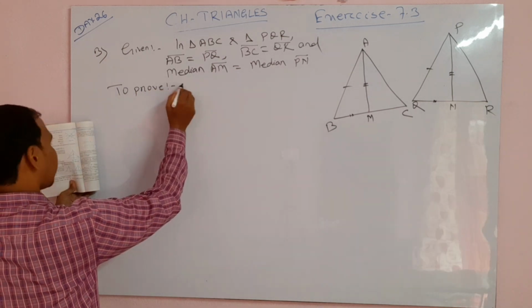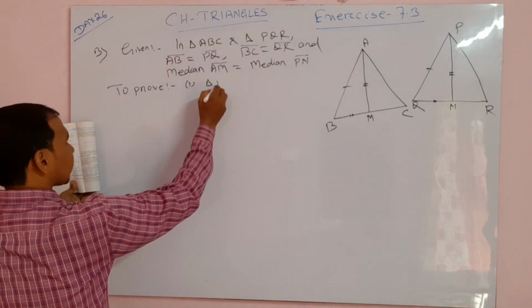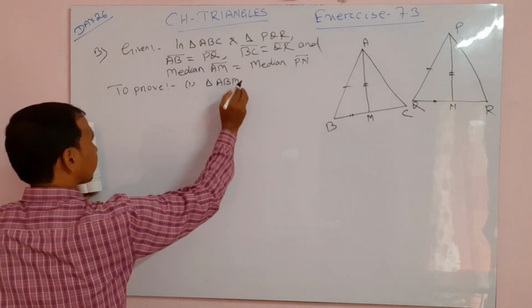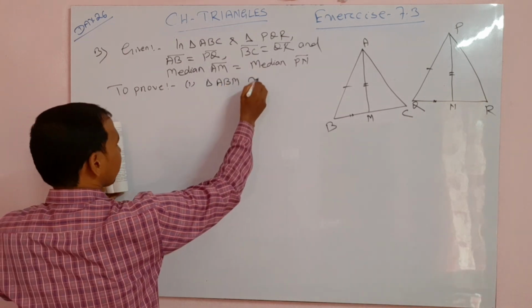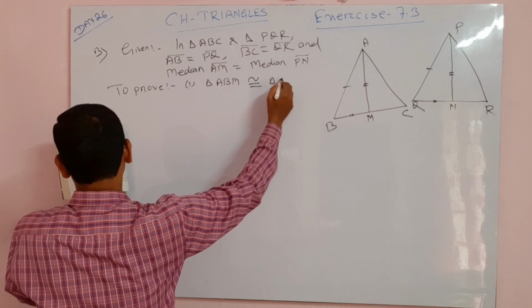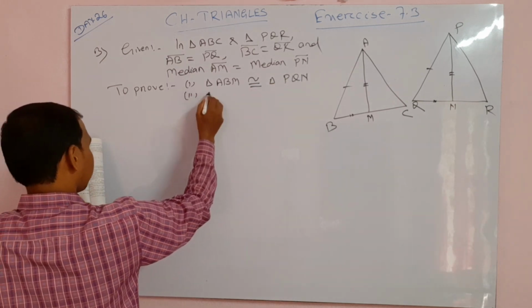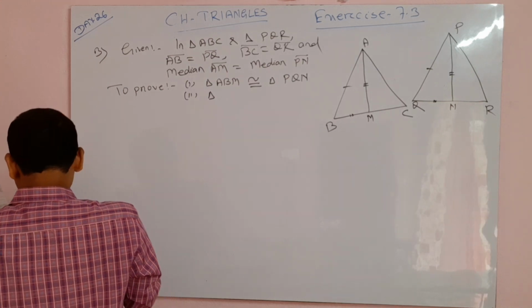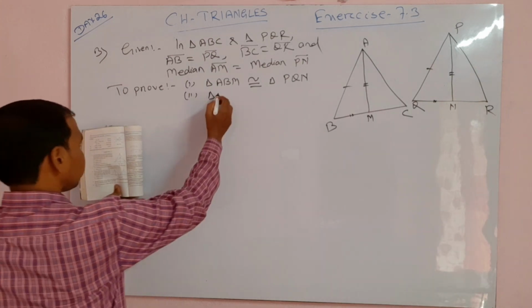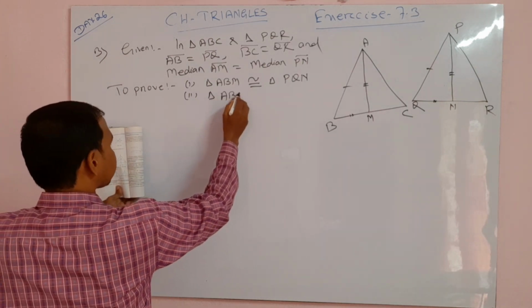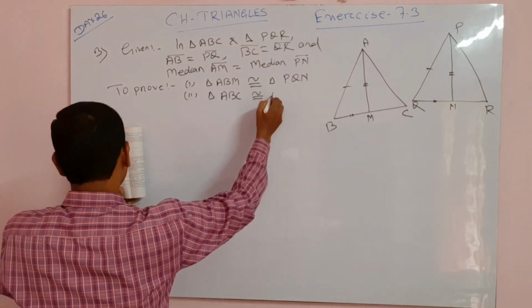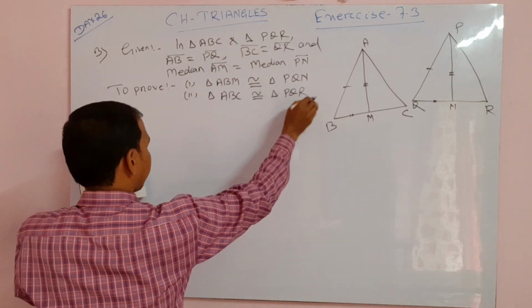We have to prove that, first option here, triangle ABM congruent with triangle PQN. Second option here, triangle ABC congruent with triangle PQR.